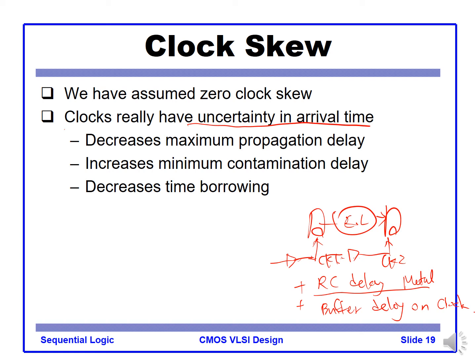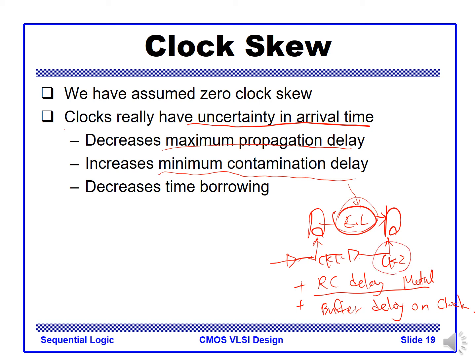So sometimes this may decrease the maximum propagation delay of the combinational logic, or sometimes it increases the minimum contamination delay. What would happen? For the first case, under what condition will the maximum propagation delay decrease?